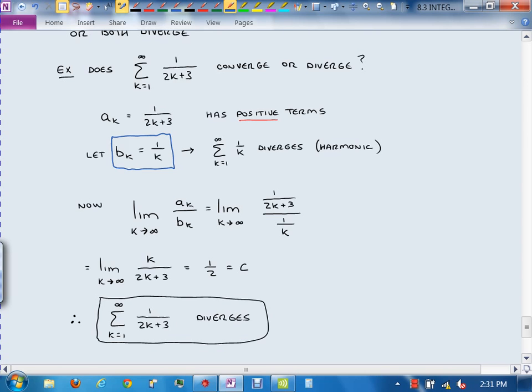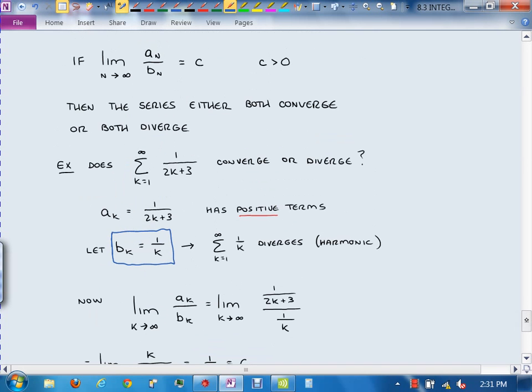1/2 is a constant, right? 1/2 is not 0. The theorem up here said that if you take that limit and it turns out to be a constant, and that constant is not 0, then what? The series either both converge or both diverge.